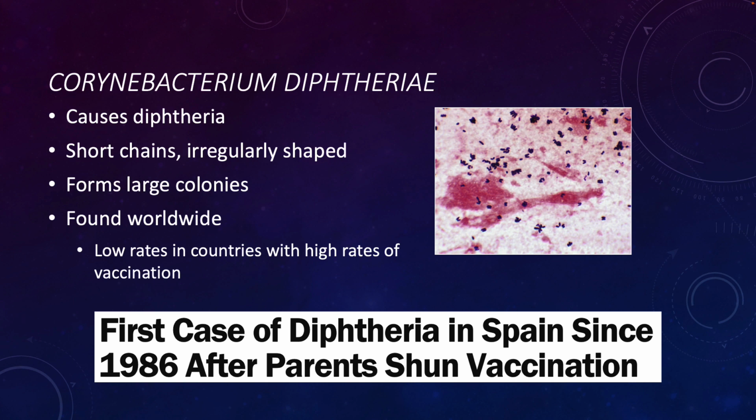And unfortunately, their child got diphtheria and died of the infection. This is a headline from a few years ago now, but still, this was the first case in over 30 years of diphtheria in Spain, which goes to illustrate how effective vaccination is in controlling the infection.